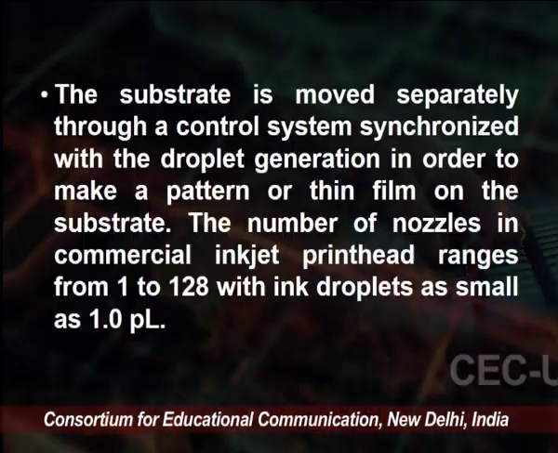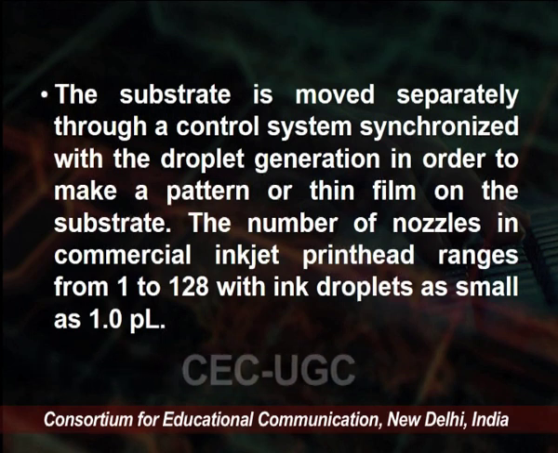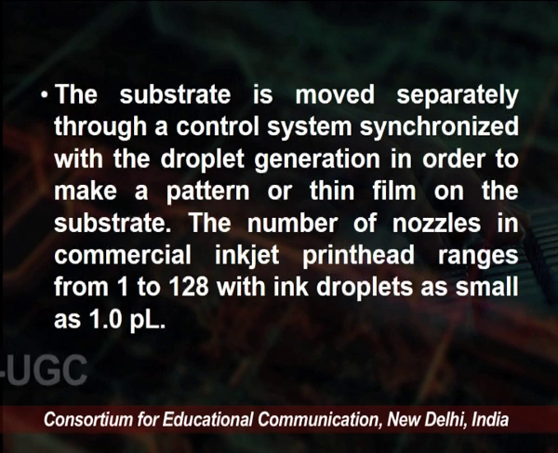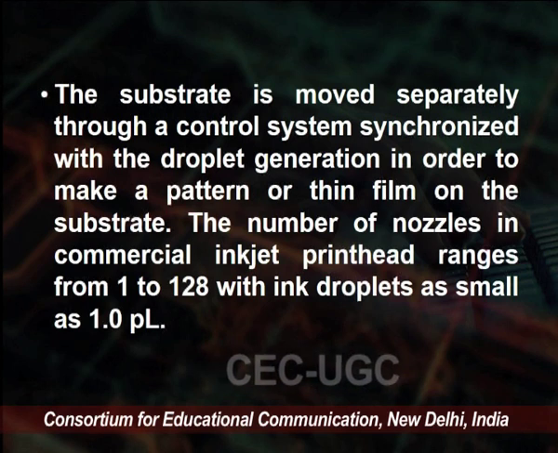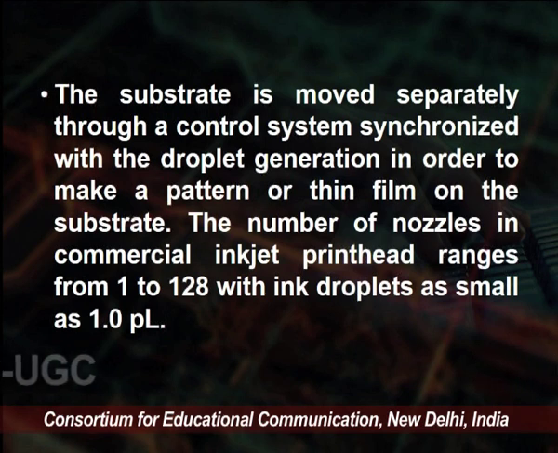The substrate is moved separately through a control system synchronized with the droplet generation in order to make a pattern or a thin film on the substrate. The number of nozzles in commercial inkjet printers ranges from 1 to 128, with ink droplets as small as 1 pl.